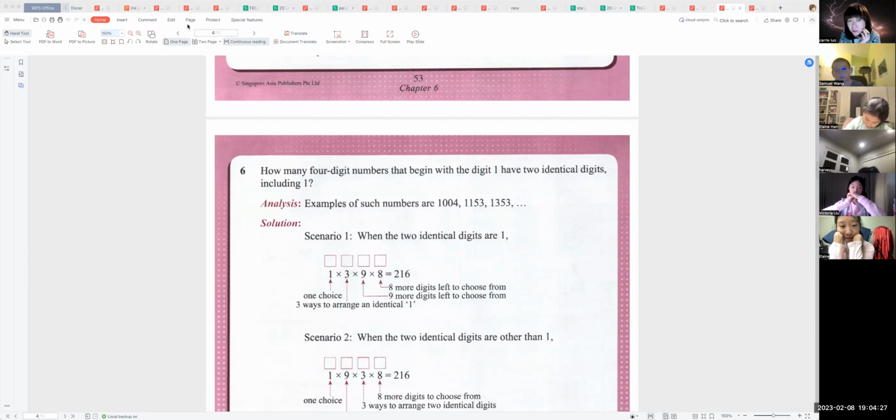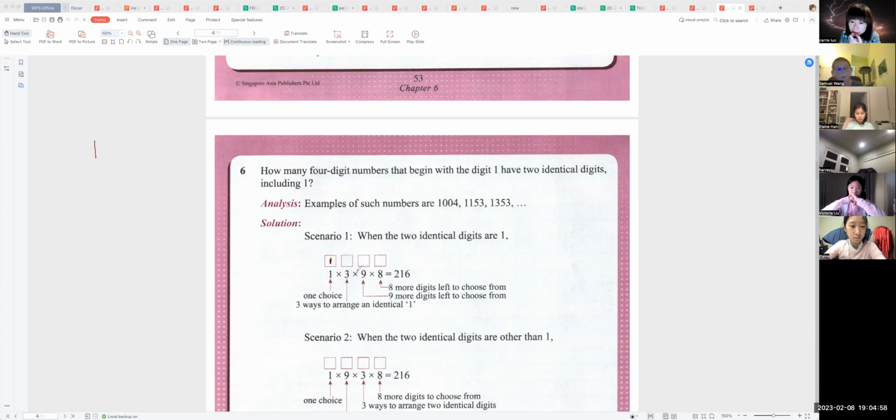So the number can only begin with one, and the question asks how many such numbers there are. We know the first digit is only one, correct? Why is the second one only three? Because when the two identical digits are one.